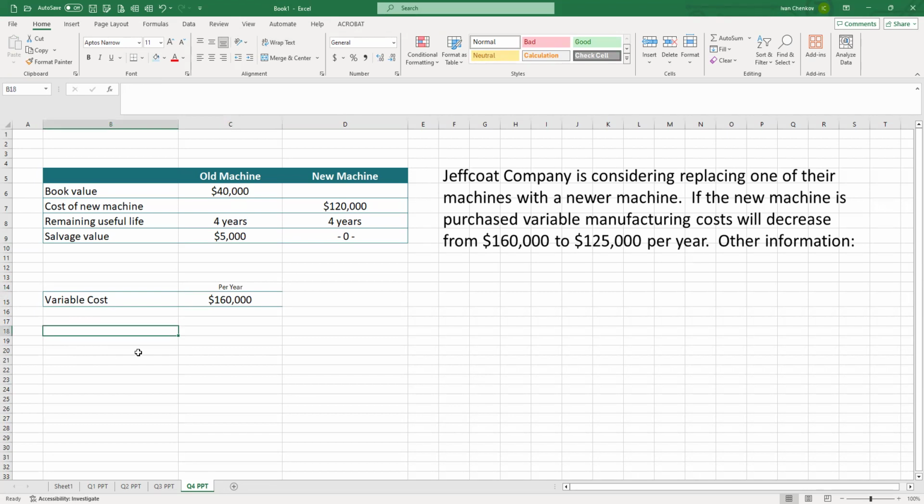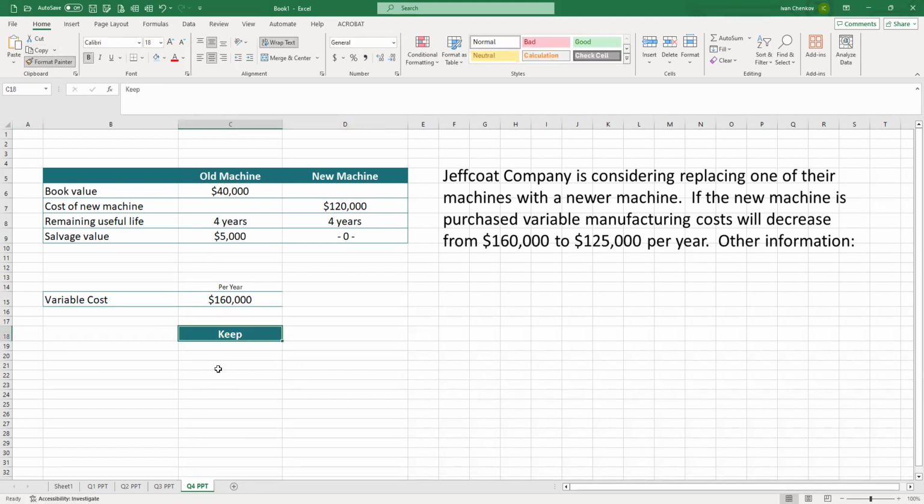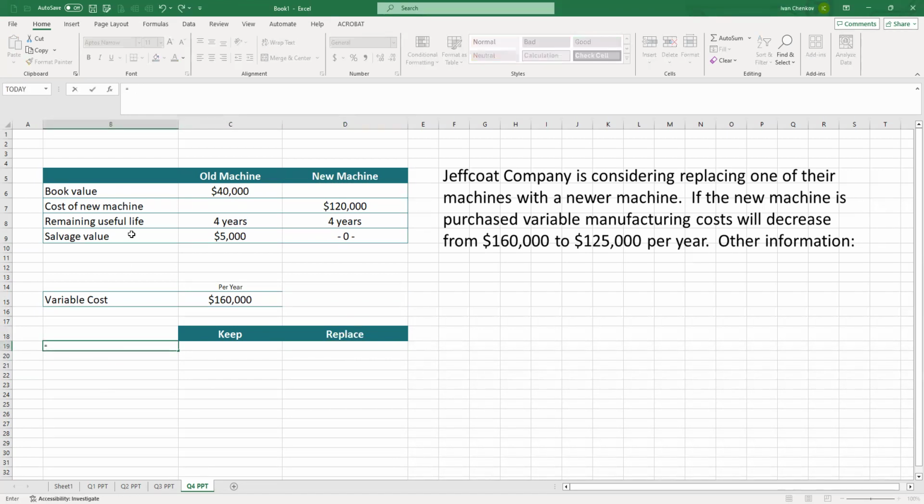Now, if we decide to keep the machine, what's going to happen? And if we decide to get rid of it, keep the old one or replace. What's going to happen if we decide to replace it? Let's first do the variable cost. If we decide to keep it, that variable cost is going to stay with us, correct?